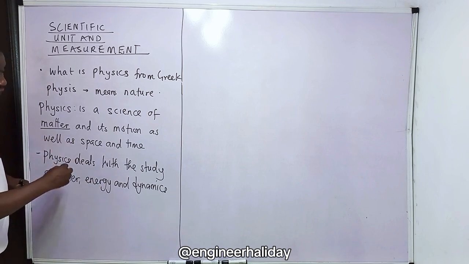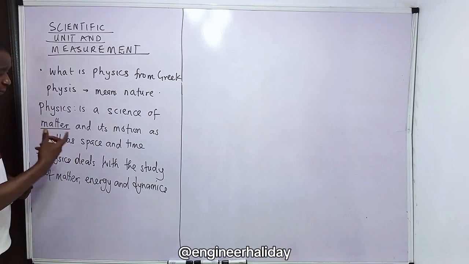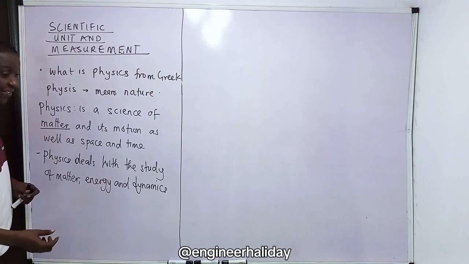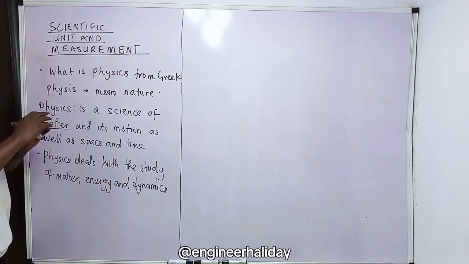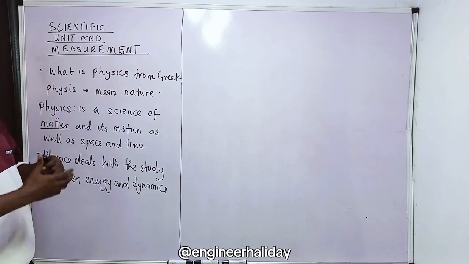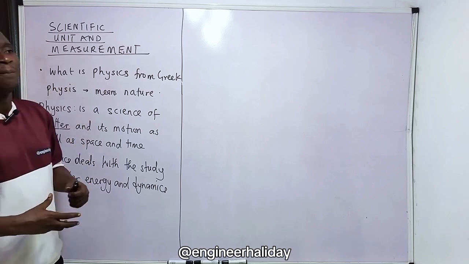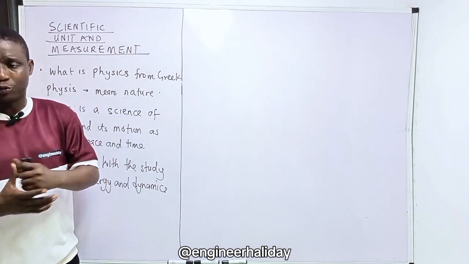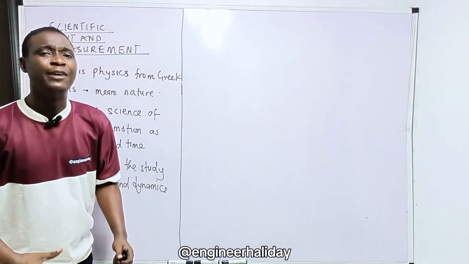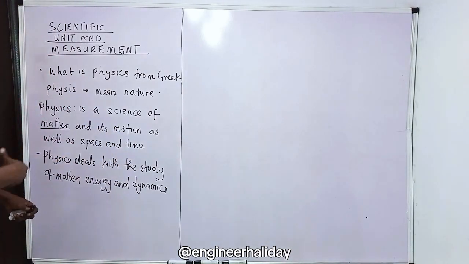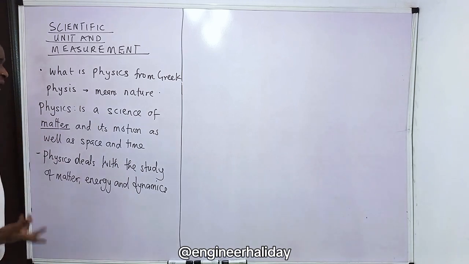So if a body must occupy space, it must possess energy. Matter is everything around us. Everything is matter. Nature is matter. You understand that? Because every nature tries to occupy space. Even in the human body, the blood flows from one point to another. It occupies space. So that is what we want to talk about.